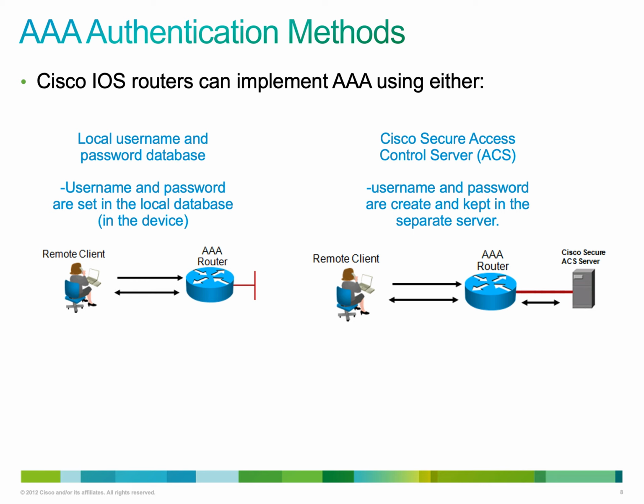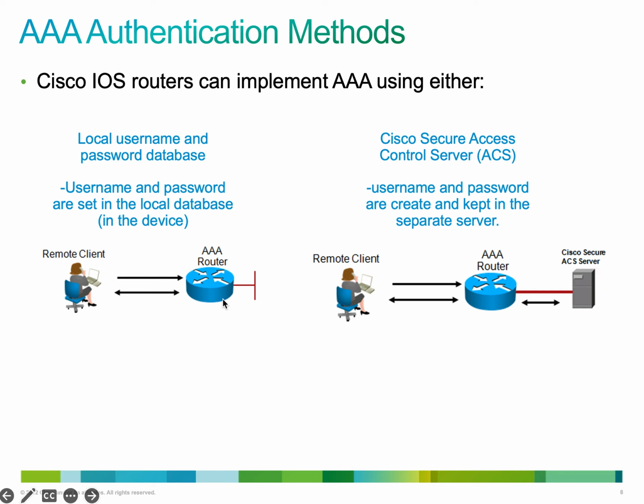In this second way of the AAA authentication method, the username and password are created and kept in a separate server. They are not in the remote client's computer. They are kept in a secure server, the Cisco server called the ACS server. So they are created and stored here.